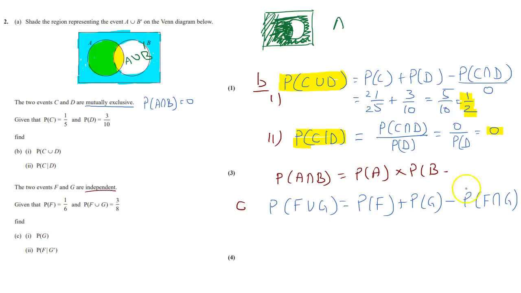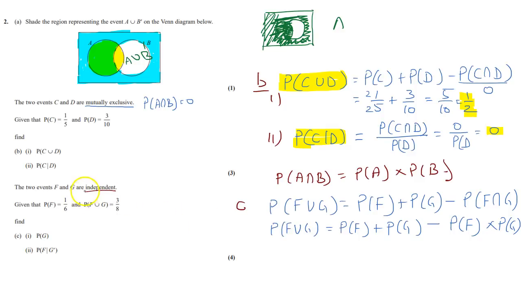F intersection G can be written as P(F) plus probability G minus, this I can write as P(F) multiplied by P(G). That is P(F union G).